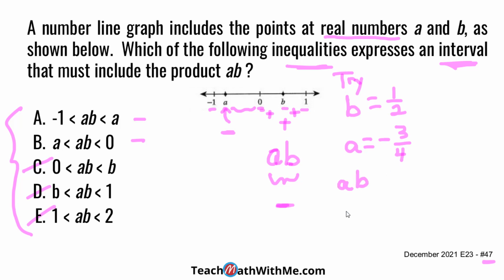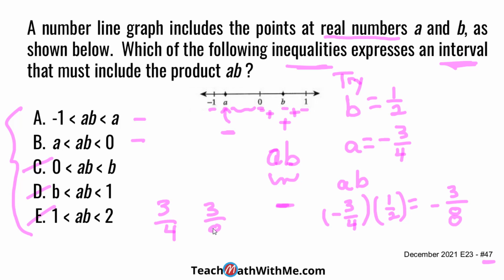If we do A times B and plug in these test values, -3/4 times 1/2, when we multiply here, we're going to get -3/8, which we knew was negative. Now, we used A to be -3/4, so how does -3/4 compare with -3/8?